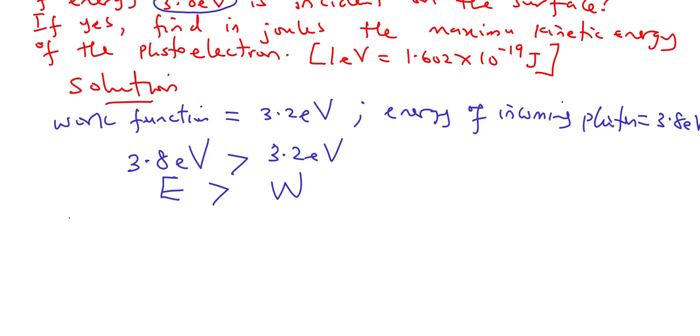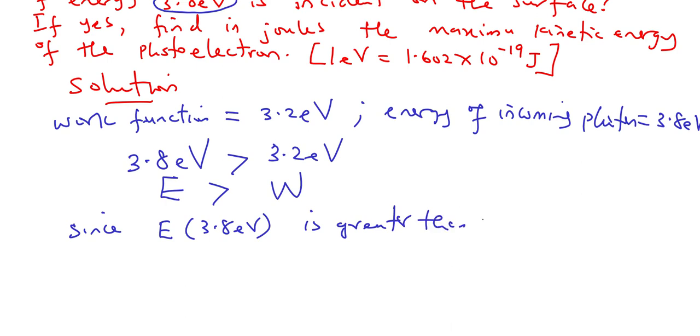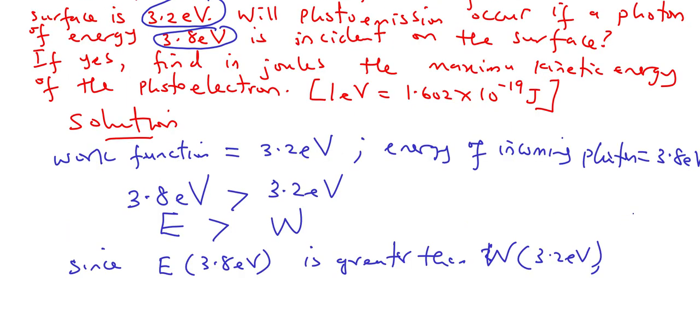Since the energy of the photon, which is 3.8 electron volts, is greater than the work function, which is 3.2 electron volts, therefore photo emission will occur.